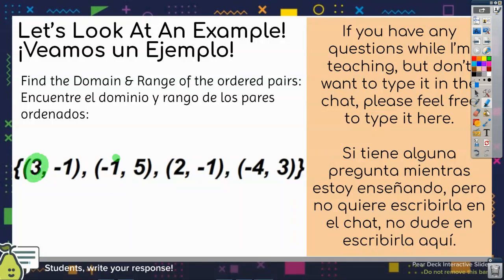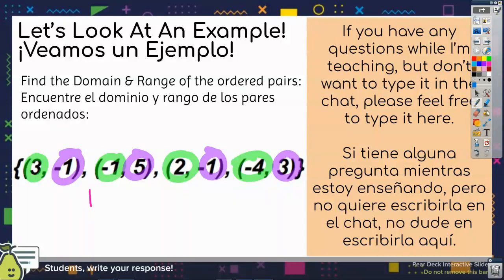My left side, my domain. My right side, my range. Let's list them. Now, we should be listing them in number order, so I'm going to do this one like, wow, that's not even remotely the right color. So I'm going to be listing it like that.